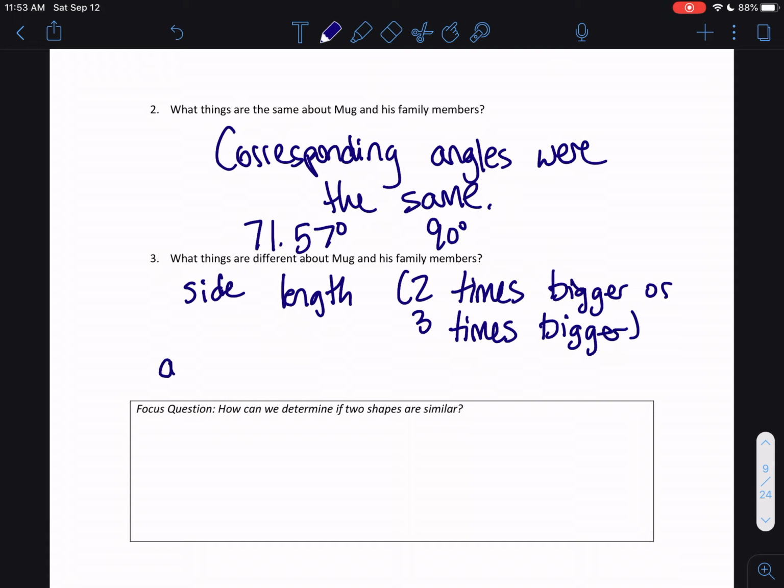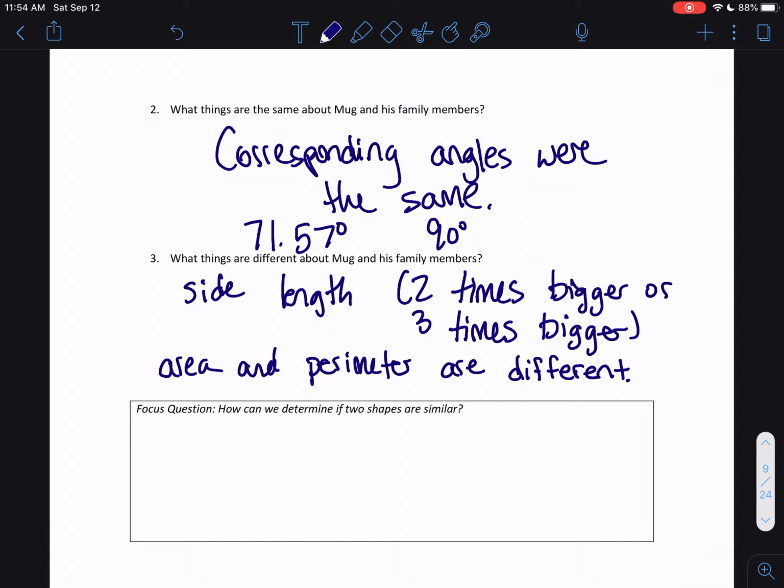The area and perimeter were different as well, right? And that makes sense, because if the side lengths are different lengths, then the area and perimeter would have to be different too.